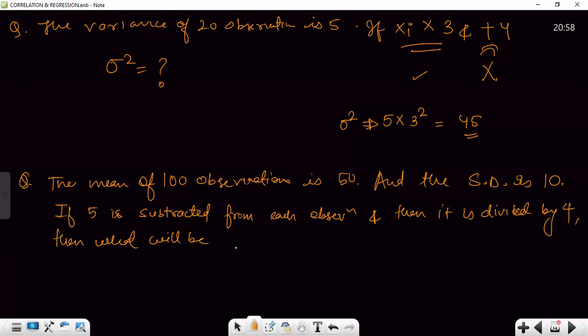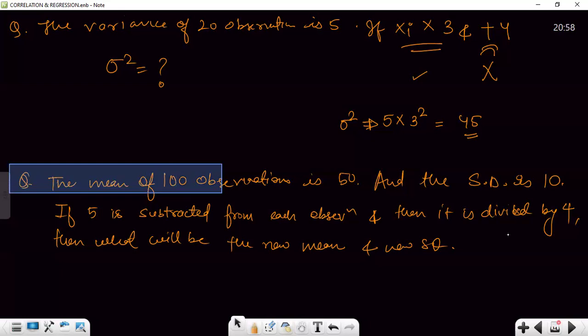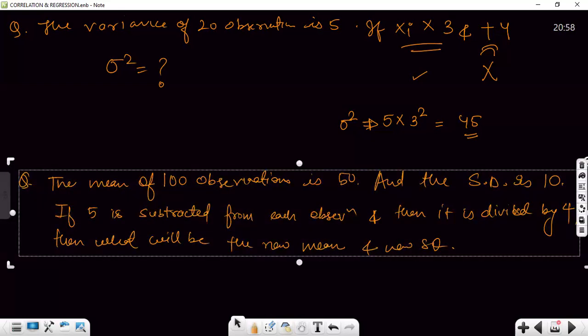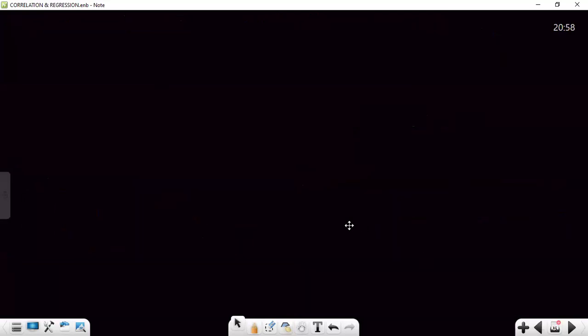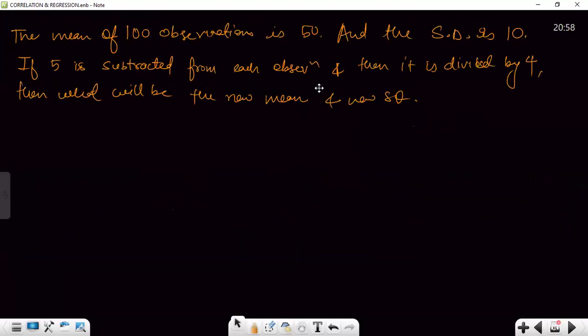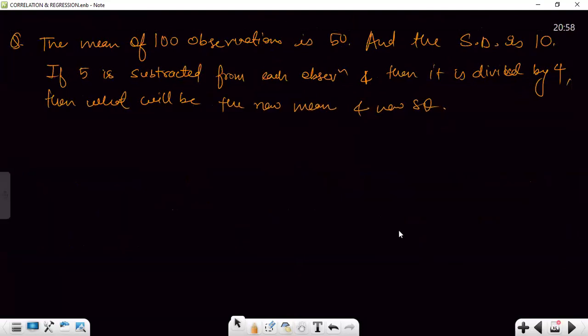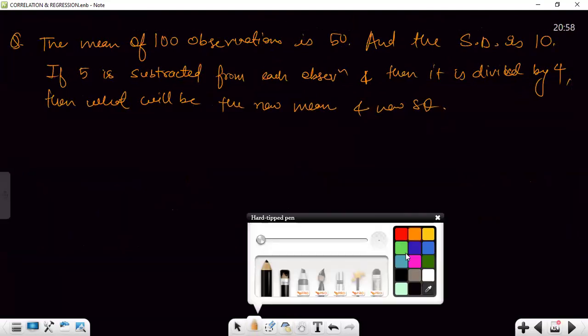We have talked about mean earlier. So tell me, does mean depend on change of origin or change of scale or on both?